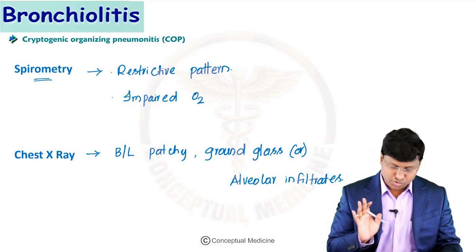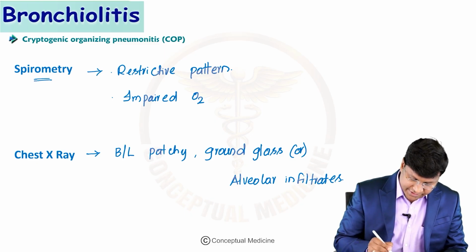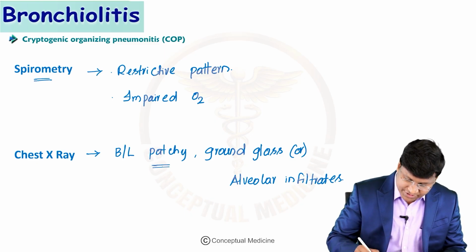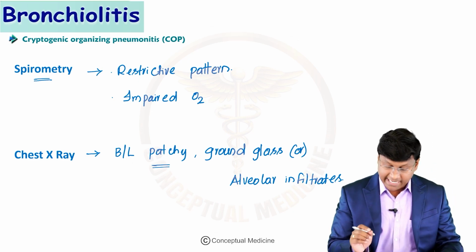Although other patterns have also been described, in cryptogenic organizing pneumonitis mainly bilateral patchy ground glass or alveolar infiltrates are present.